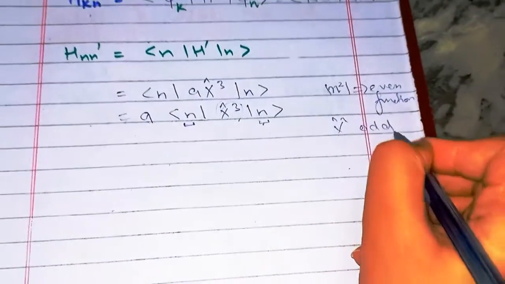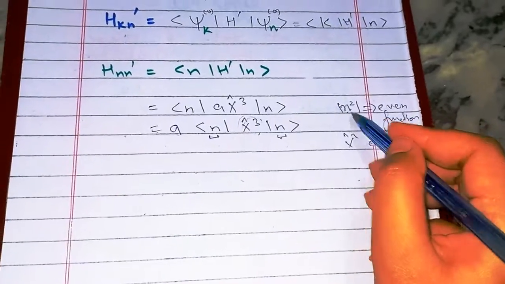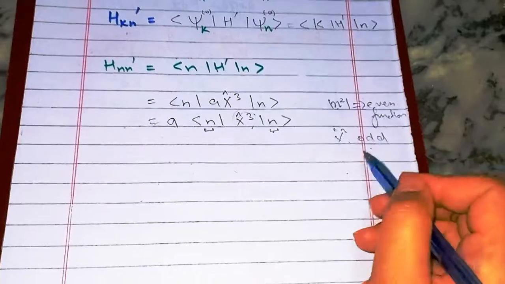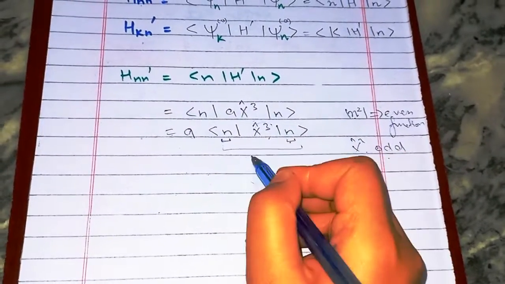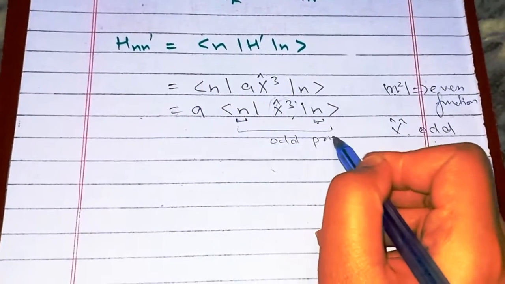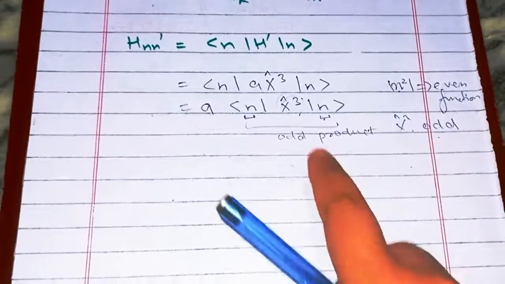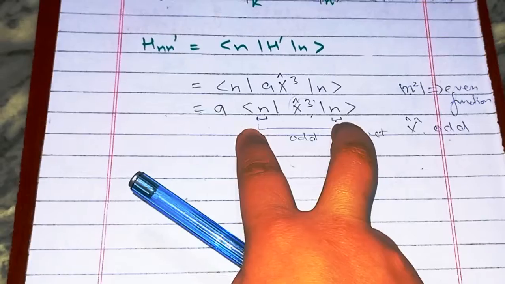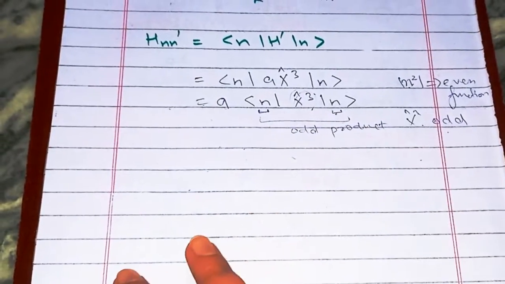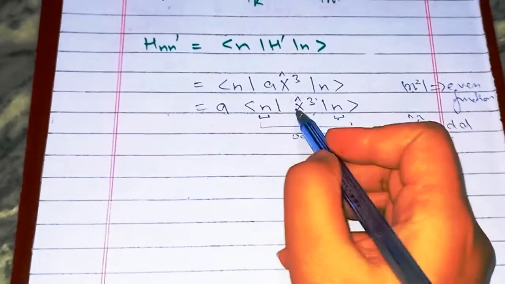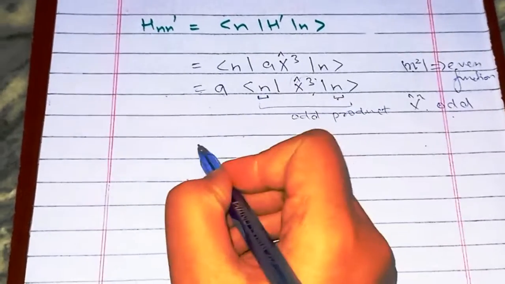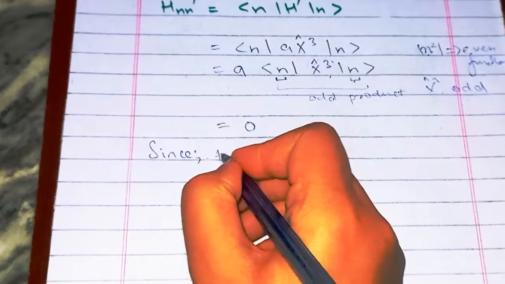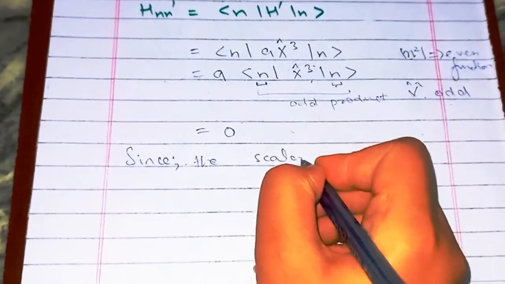There is a product of this term and this term, so it's even multiplied by odd, which is always odd, hence this whole term makes up an odd product. And the integration of an odd product over whole space is always 0, and we can see that the scalar product means that the integration is done over whole space, hence this becomes 0 since the scalar product is odd.